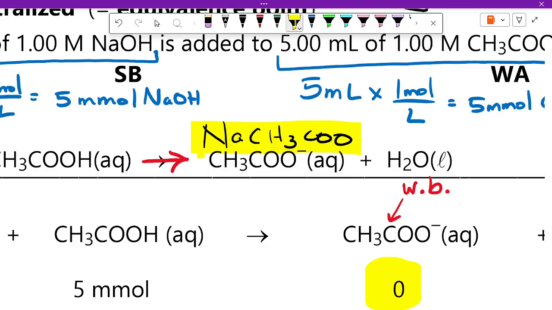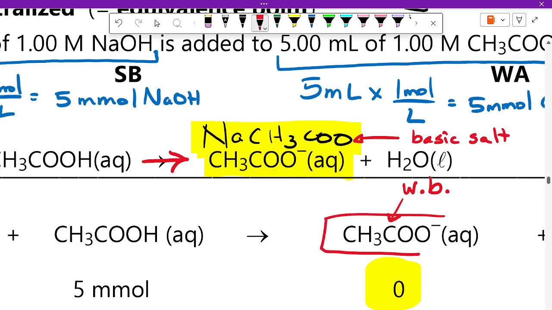That is a basic salt, okay? Because the CH3COO minus can hydrolyze. Why is it a basic salt? Because CH3COO minus is a weak base. And that's why our pH is going to be greater than 7.